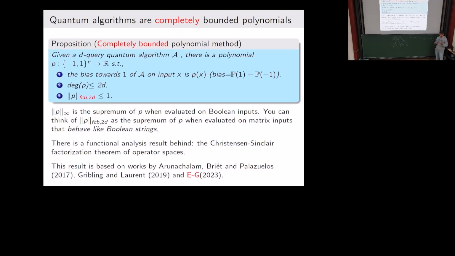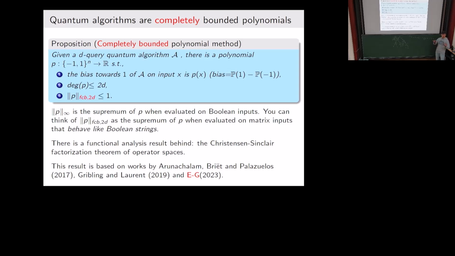So they gave the same norm but with a different expression, and the norm that I'm going to present has a Fourier analytic flavor, which I think is amenable to work with, and they didn't give that presentation. What I did to get this presentation was take a follow-up work by Sander Gribling and Monique Laurent, who took the completely bounded norm that Srini and friends used and showed that the completely bounded norm is a semi-definite program.